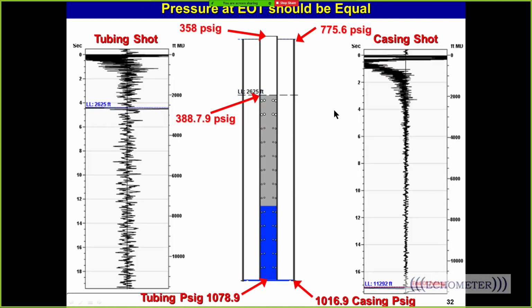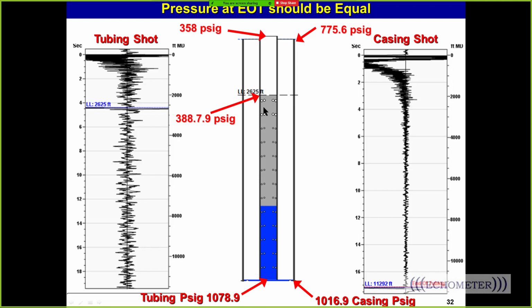So here's our comparison. We shot down the tubing, and the pressure from this tall gassy fluid level right here at the end of the tubing is 1,078 psi. There's a pressure to the liquid interface, and here's the pressure shooting down the casing. And they're not exactly the same. They're about 60 psi difference.